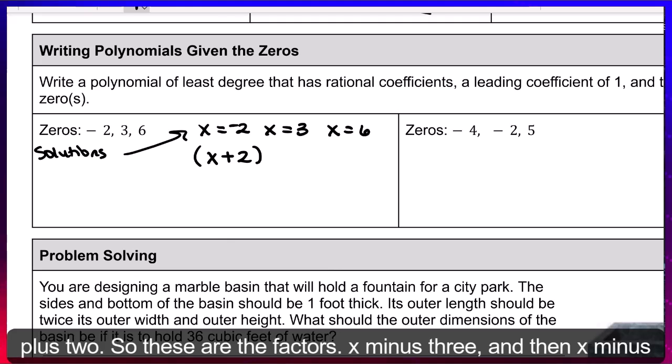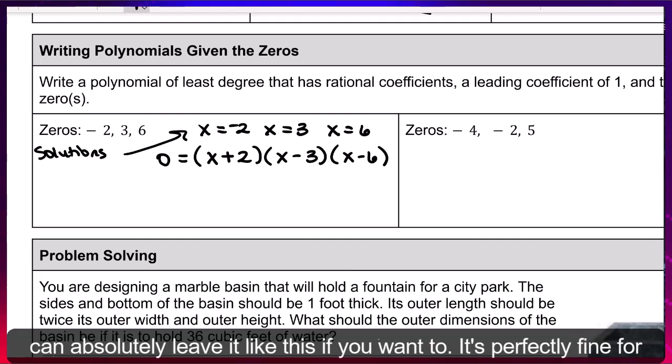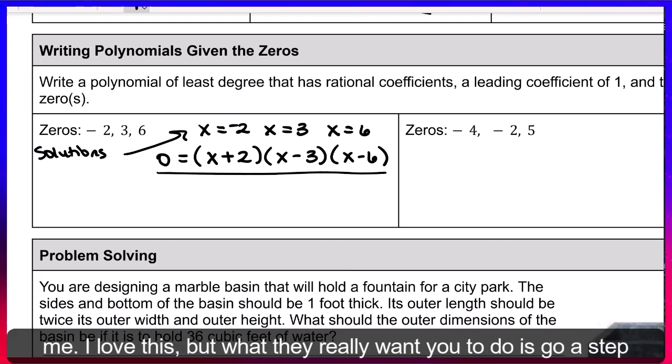So these are the factors, x minus 3, and then x minus 6, okay? And these factors all have to be equal to 0. Now, you can absolutely leave it like this if you want to. It's perfectly fine for me.